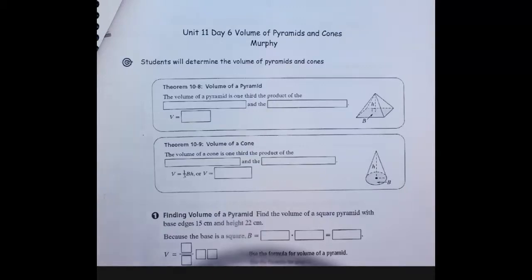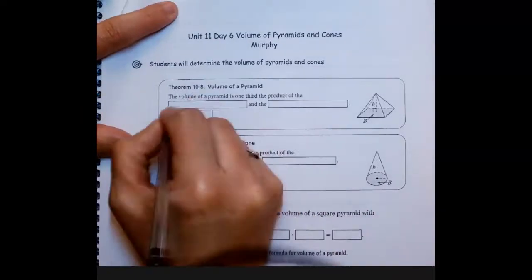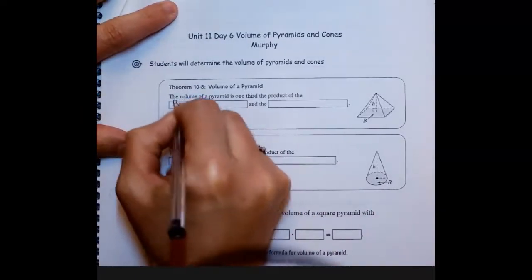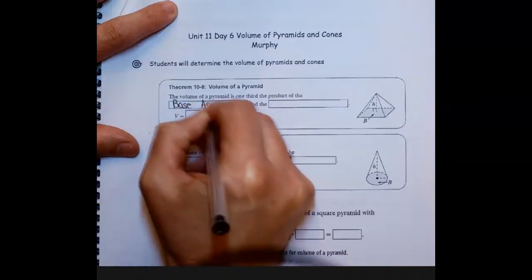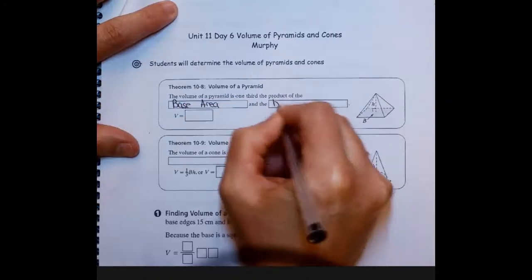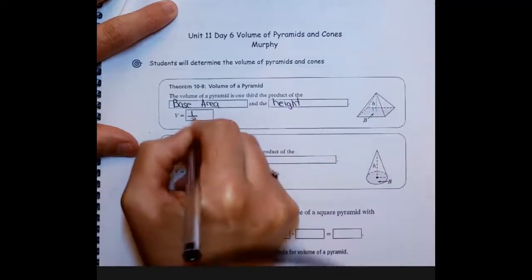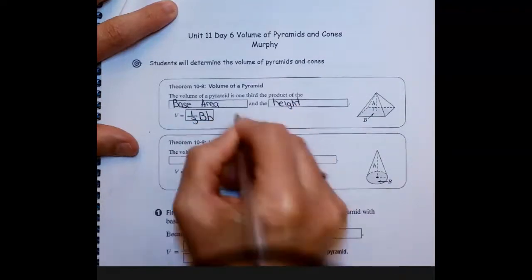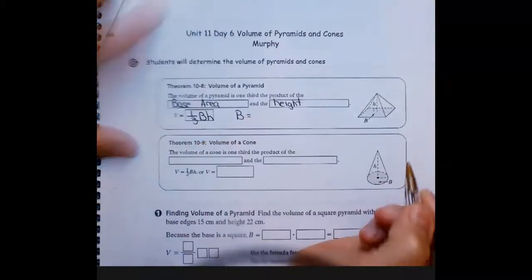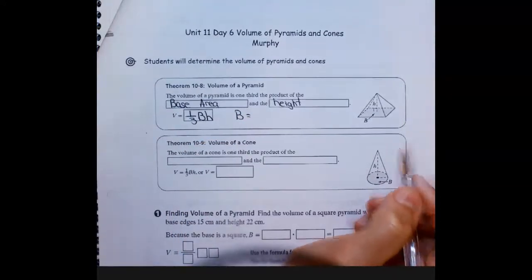The volume of a pyramid is equal to 1/3 the product of the base area and the height. If you look at your formula sheet, it says 1/3 big B times H. Big B is the same thing that it has been all unit long.